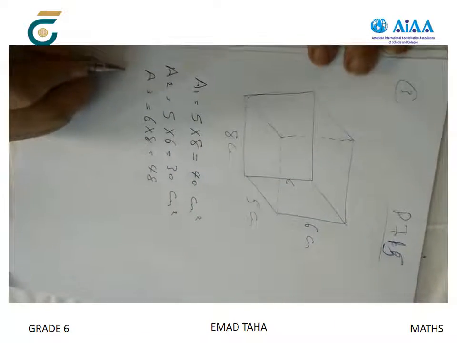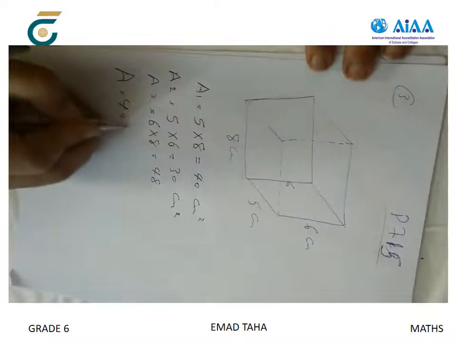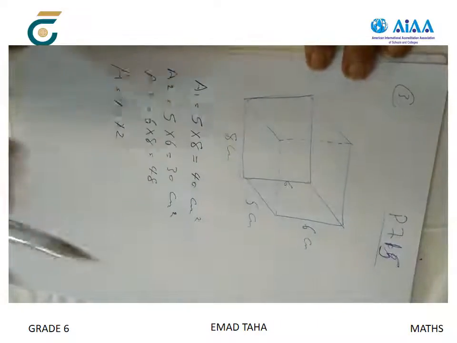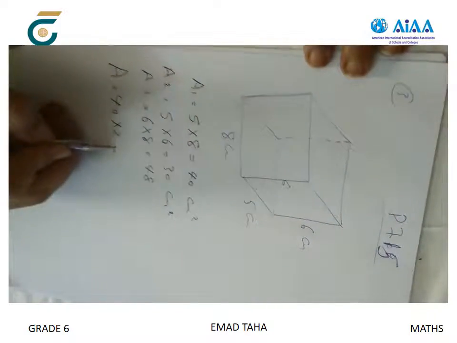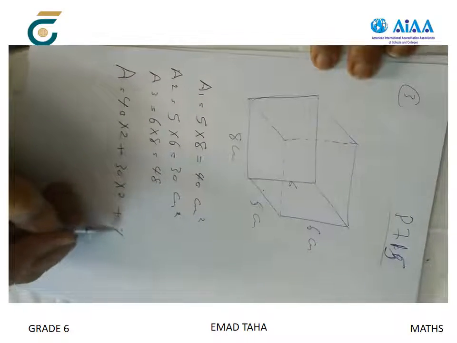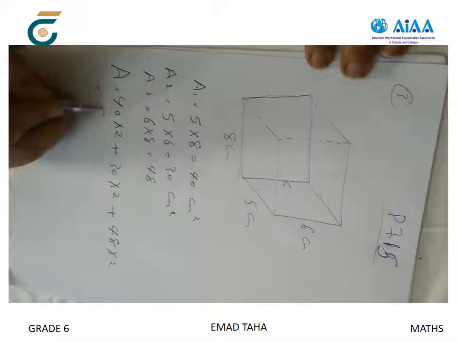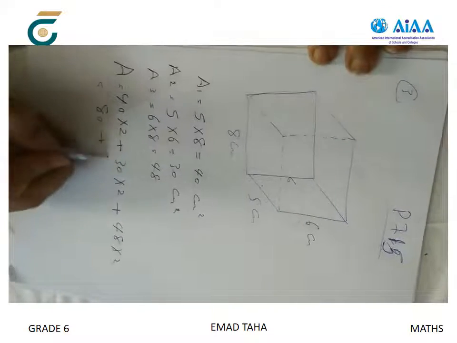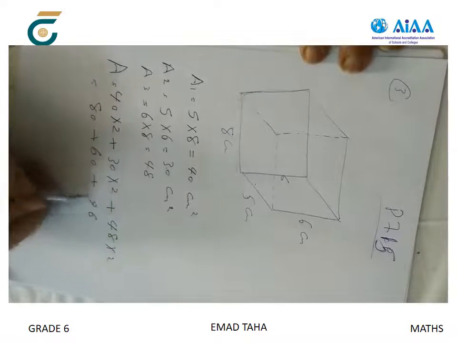Now the total area equals the area of the first one, 40 multiplied by 2, because we have 2 faces with dimensions 5 and 8, plus 30 multiplied by 2, plus 48 multiplied by 2. 40 times 2 equals 80, 2 times 30 equals 60, and 2 times 48 equals 96.